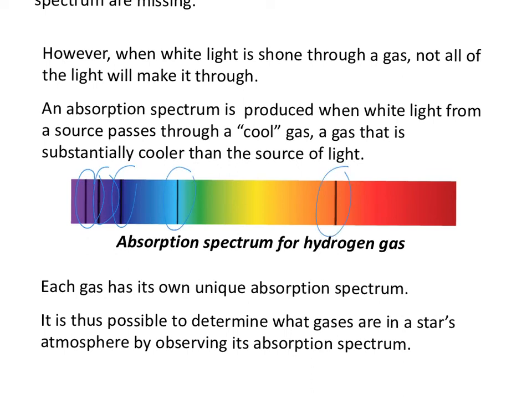They're missing. We're not going to worry too much about how that happens exactly, but they're missing. Hydrogen gas will always give us this pattern. It is unique. It's like the gas's DNA. It's how we can identify elements. Every element gives us a very specific absorption spectrum.